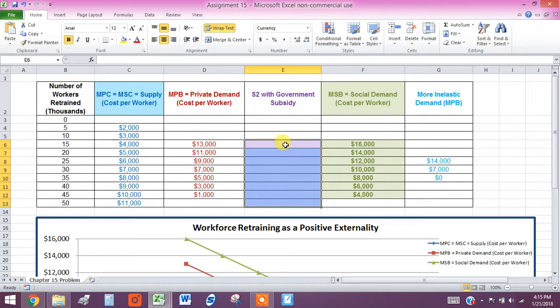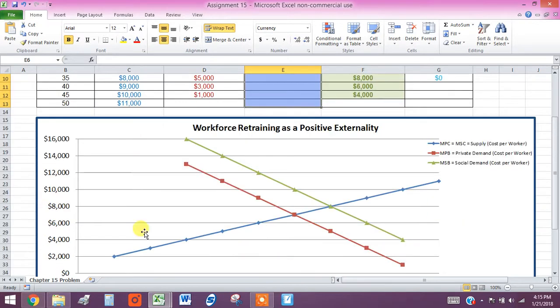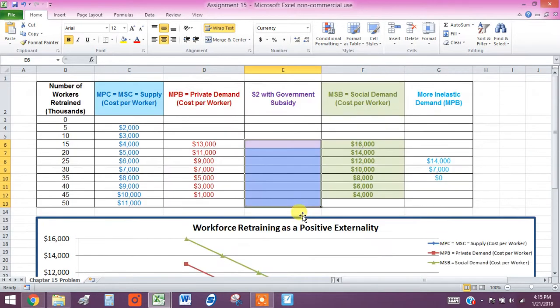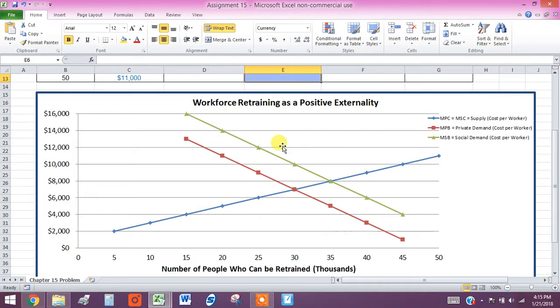Okay, so now what you need to think about here is if the government is going to pay a $3,000 subsidy, that is a subtraction from the cost. So we need to simply take this marginal private cost curve, or this supply curve right here, and subtract from it the subsidy. So we're going to get a lower curve down here.